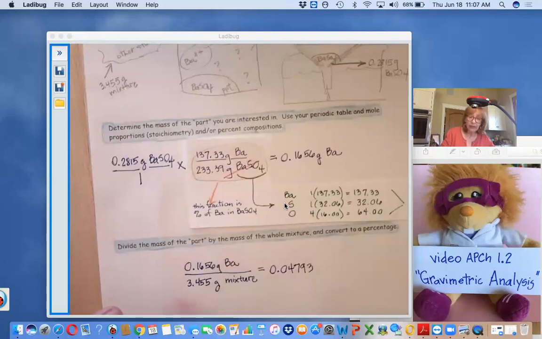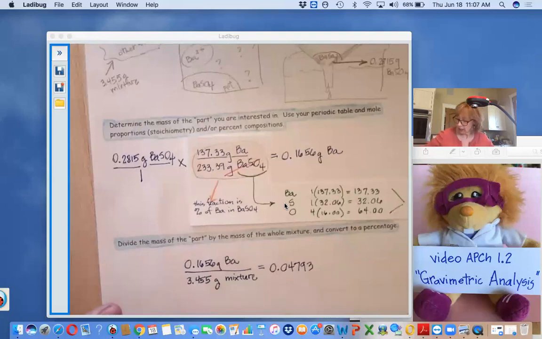Okay, 4 sig digs in this measurement, 4 sig digs in this measurement. In my answer, I want to have 4 sig digs. And then I'm going to change that decimal number into a percentage by multiplying by 100. And I get 4.793% barium in the mixture.